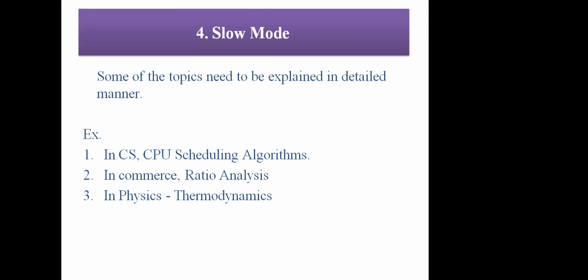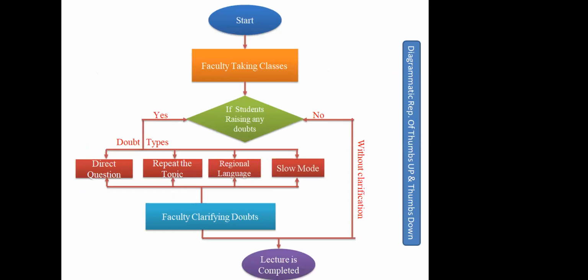Okay. See the flow chart here. The process starts. Then a faculty takes the class. The faculty takes the class in 2 ways, one is offline mode, another is online mode. Suppose the teacher takes the class in offline mode, and the students have any doubts at the moment.